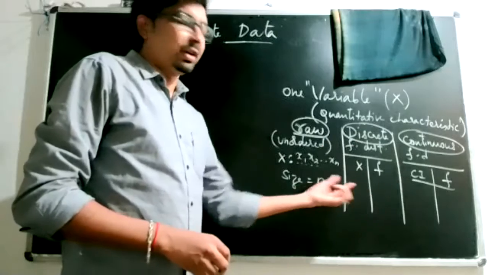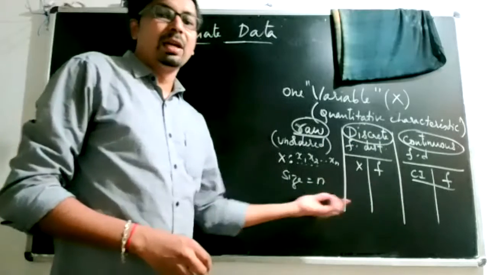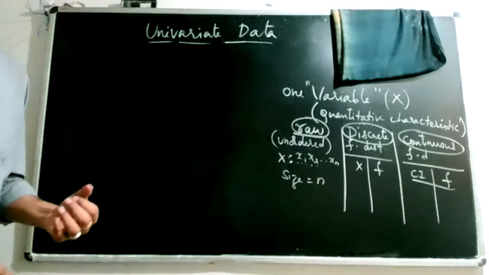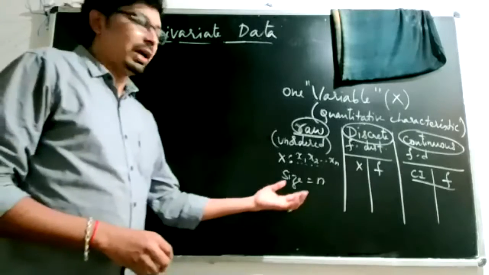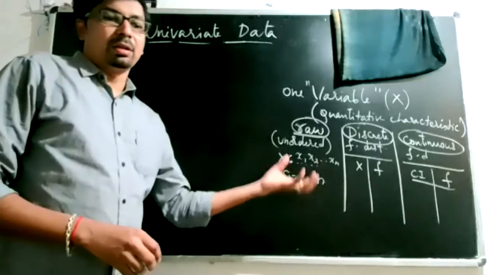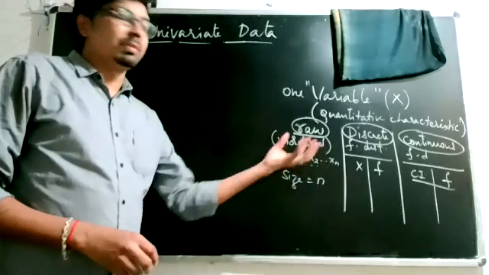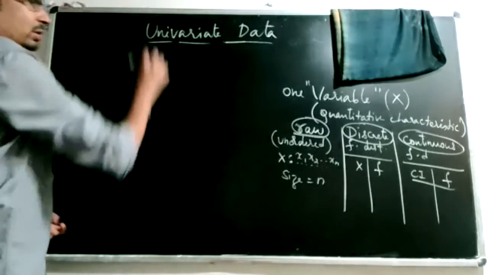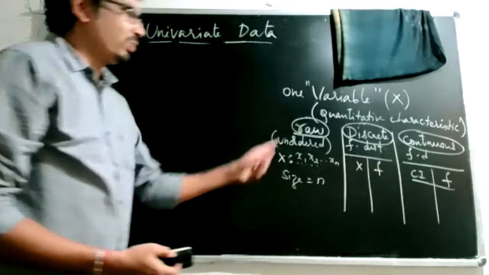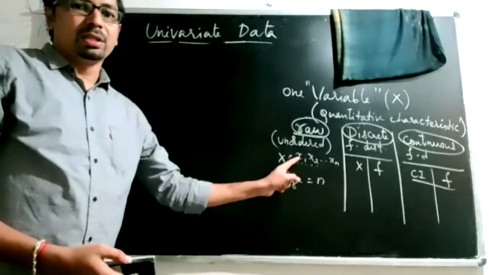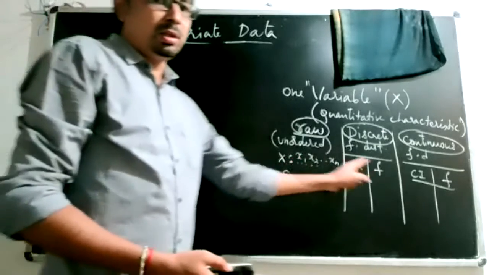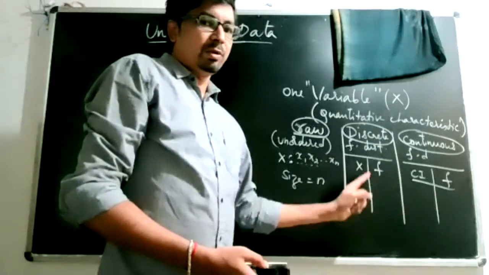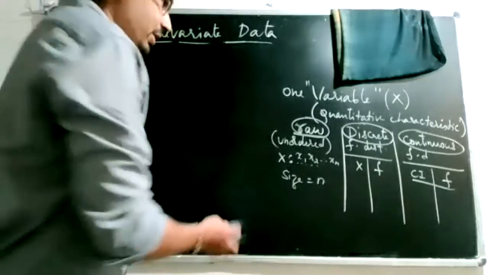We'll have different terms, different methods of estimating, but the definition remains the same, the terminology remains the same, and though the formula is different, the method of assessing that measure remains the same. So we'll look into such three cases, three distributions. All are called distributions. This is just raw data, raw distribution. These two are called frequency distribution, discrete case as well as continuous case.